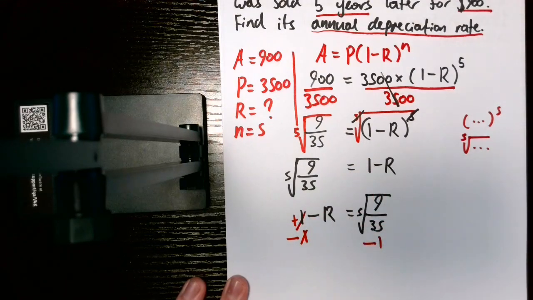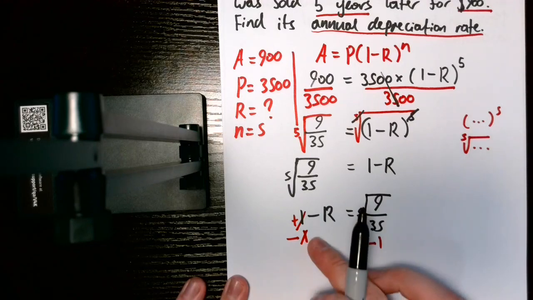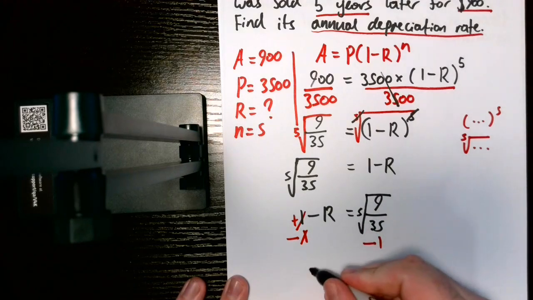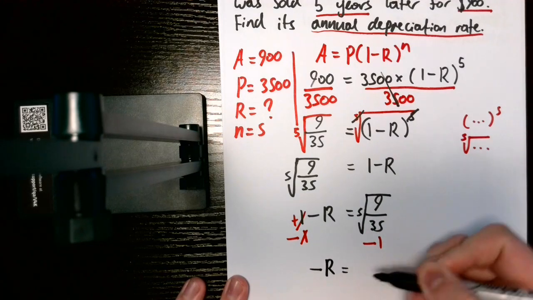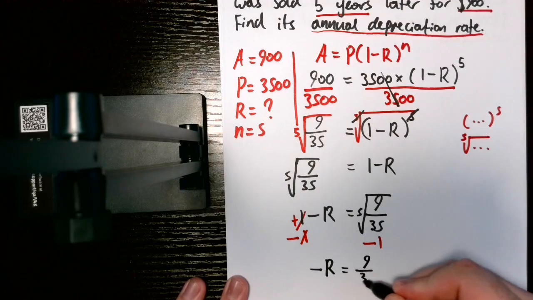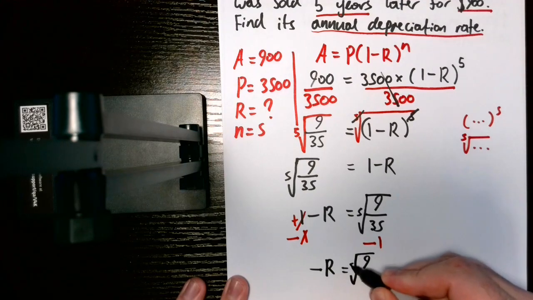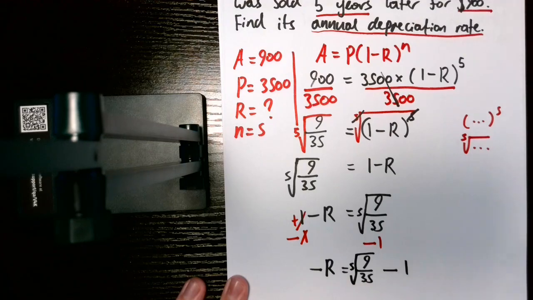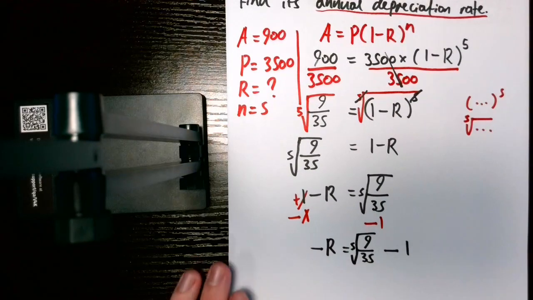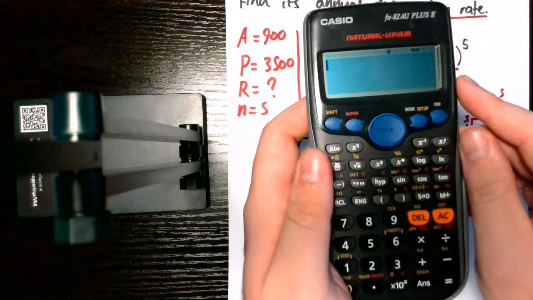Cancelling, leaving us on the left-hand side with minus R is equal to the fifth root of 9 over 35, minus 1. Now, just like on our last video, I want you to enter this particular value onto your calculator. So let's just take a moment.